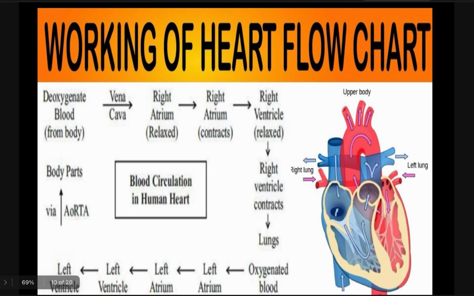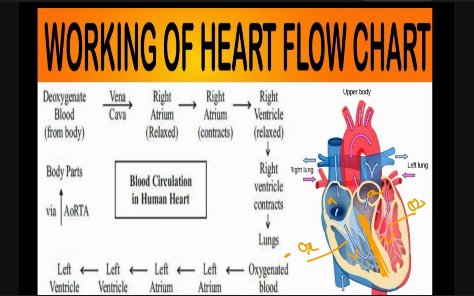Now in this also you can understand the working of the heart again. So this is the flow chart that describes that. Here you can see these are the atria and these are the ventricles, and here is a septum, that is a muscle that is separating them. The red one is the oxygen rich blood, and the blue one is the oxygen deficient blood.